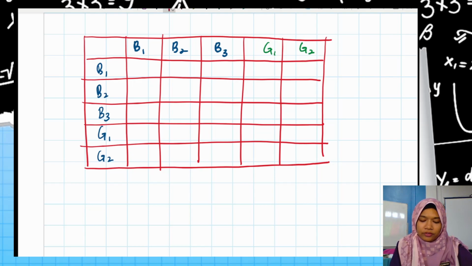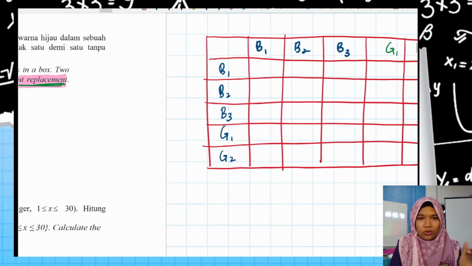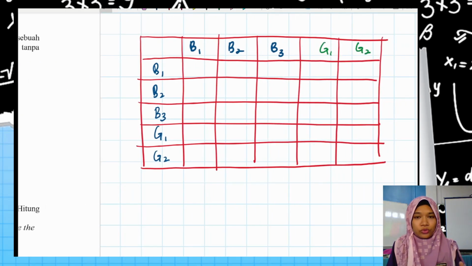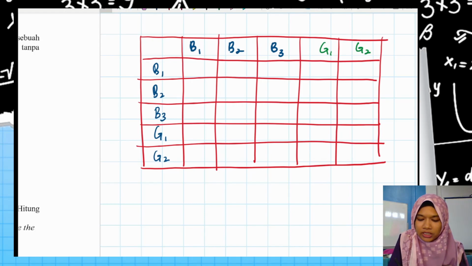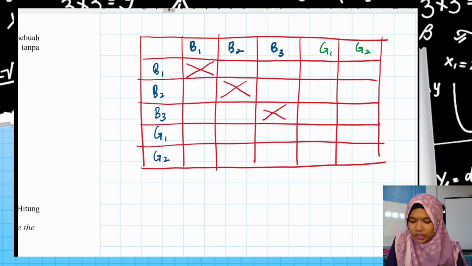When you refer back to the question, without replacement means that if the first time you get B1, the second time you will not get the same colored pencil. So B1 will not repeat. So we cancel B1, B1, B2, B2, B3, B3, G1, G1, G2, G2.